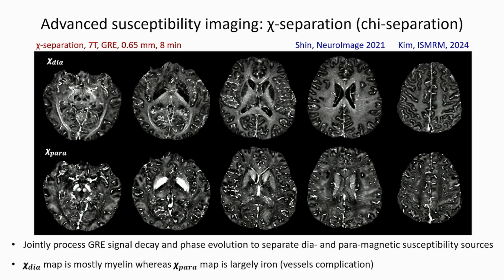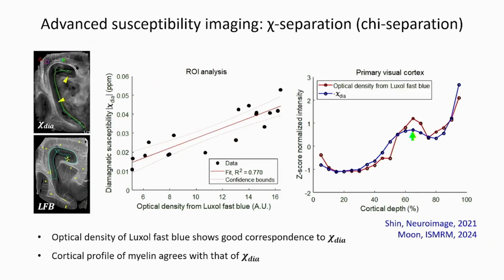The advance of this technique is the fact that we can separate the positive susceptibility, or paramagnetic susceptibility, from the negative susceptibility, or diamagnetic susceptibility. And the one that is shown here is really the diamagnetic susceptibility map, which roughly matches the myelin map in the brain. Of course, you can see a lot of vessels there, so there are complications that need to be overcome in the future, but there are directions for it.